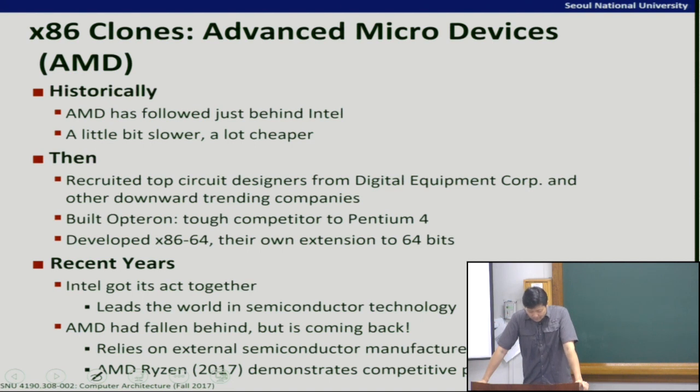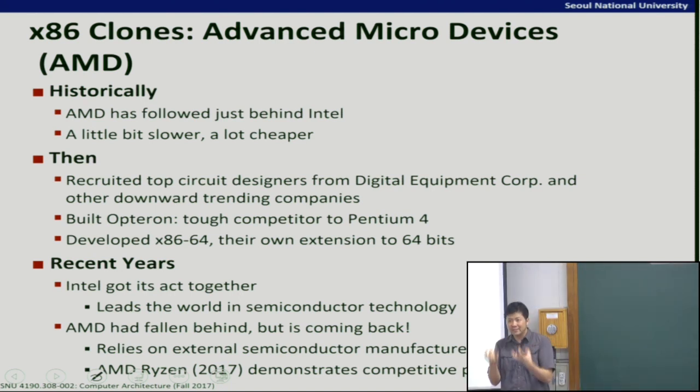And then, around 2005 and 2006, AMD was actually ahead of Intel by building a processor called Opteron. Opteron was a very well designed CPU that came out from AMD, and it became a tough competitor to the Intel Pentium 4.